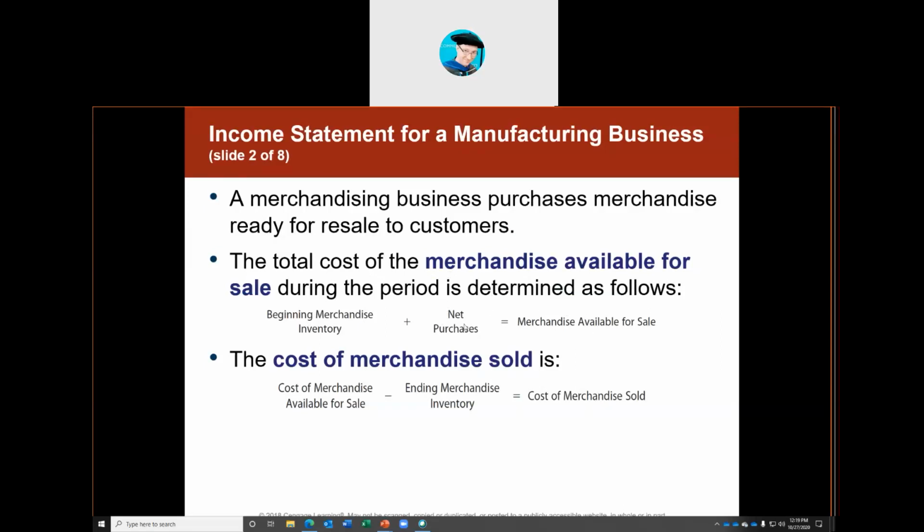In a manufacturing business, it's a little bit different. But looking at this from a merchandising perspective, beginning balance plus purchases equals available for sale. Then cost available for sale minus ending inventory equals the cost of merchandise sold.